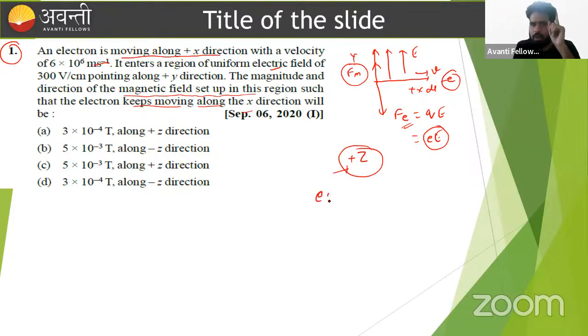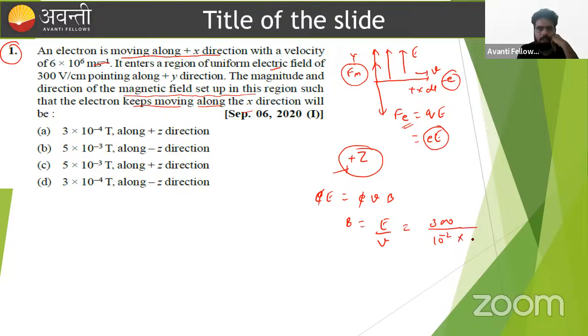For the magnitude, qE equals qvB. The q cancels out, so B equals E upon v. Putting in the data, E is given as 300 volt per centimeter, which we convert into meters, so the factor becomes 10 raised to power minus 2.